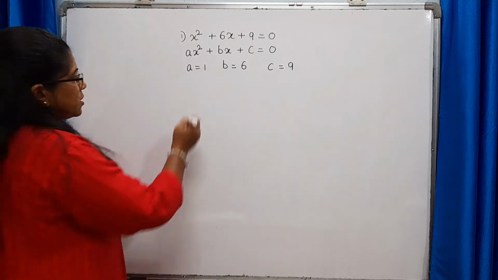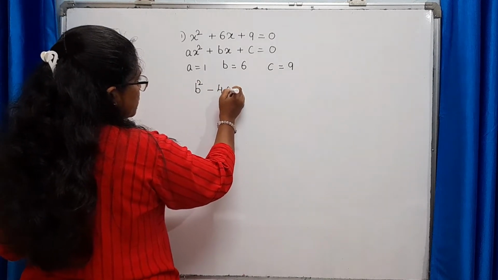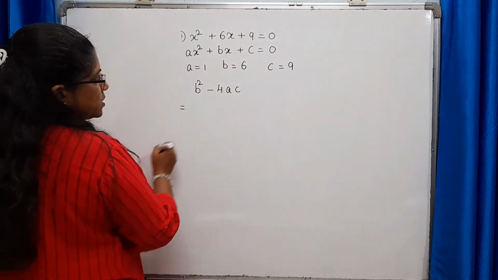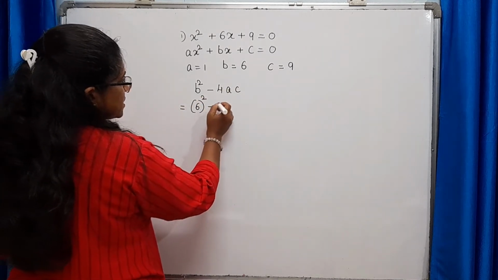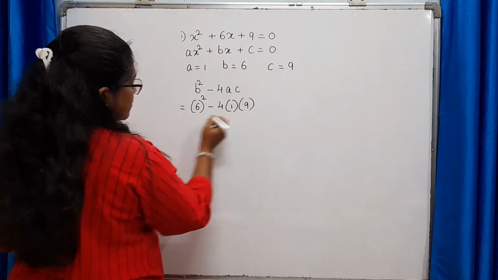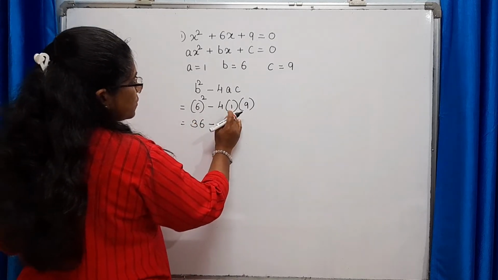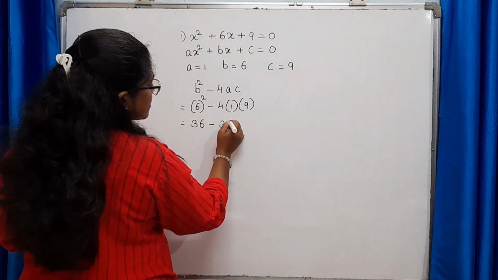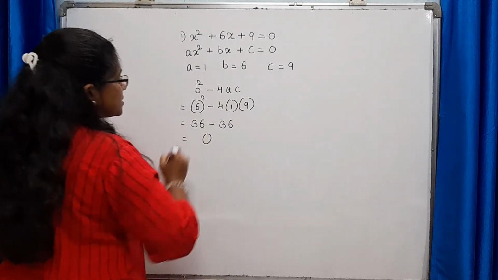Now what we have to check? We have to check what is b square minus 4ac. Let us substitute these values. b square, 6 square, minus 4ac. 6 square is 36. 4 ones are 4, 4 nines are 36. 36 minus 36 is 0.